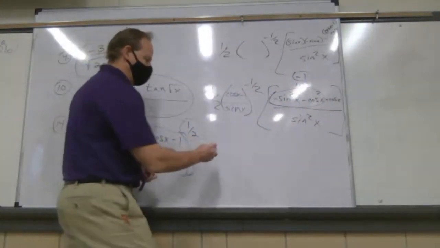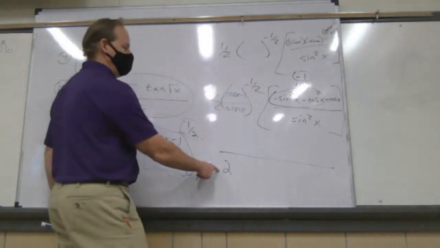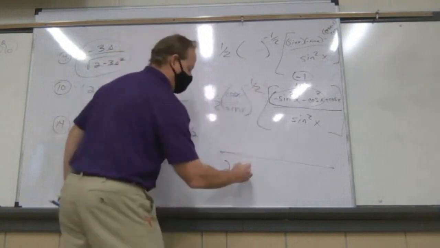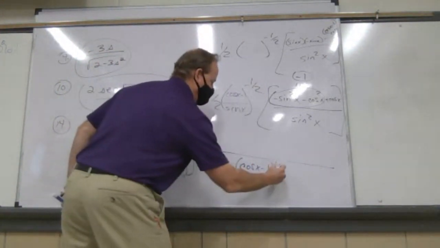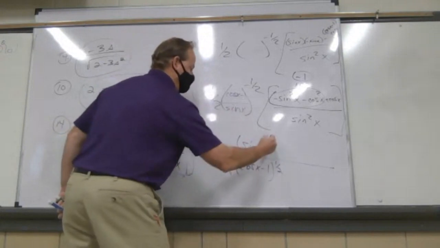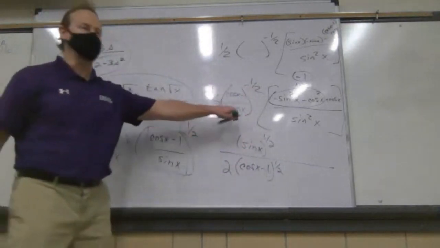So if I just rewrite the whole thing, I've got 1/2, so the 2's in the bottom, right? And then instead of that to the minus 1/2, it's cosine x minus 1 to the 1/2 on the bottom, and on top is sine x to the 1/2. Instead of a minus 1/2 on the bottom, I'm going to move it up. So that's this part.